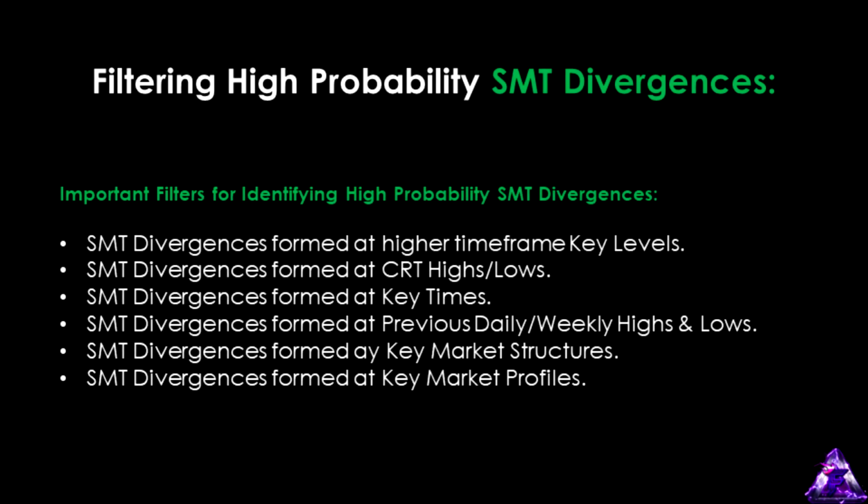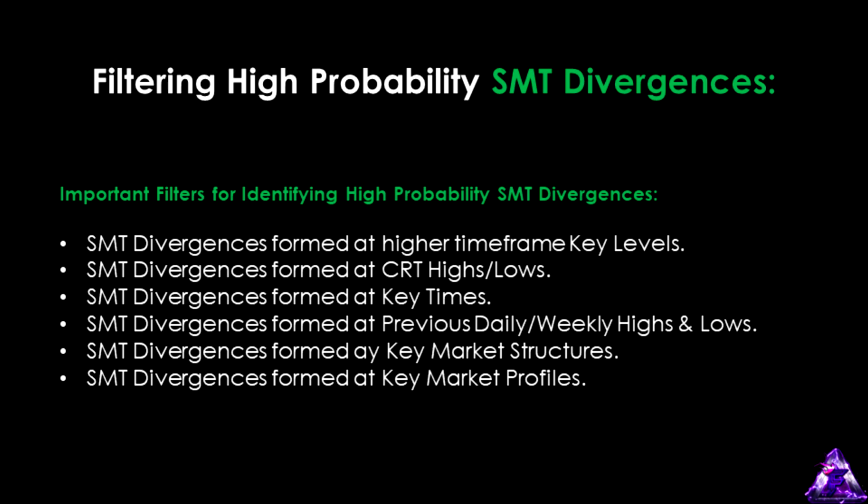In this slide, we're going to discuss the different filters and characteristics that make an SMT divergence strong and true. You can use these filters to identify high probability and high quality SMT setups. First and foremost, SMT divergences should form at key levels, specifically higher timeframe key levels such as order blocks, FVGs, or important swing points like highs and lows.